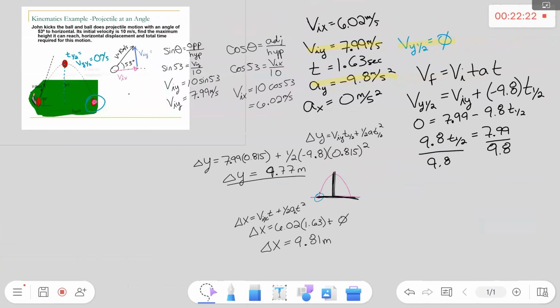And I'll do that. By no means do I expect to be pros at this question today. And we're going to do some practice here in a moment. Okay. This is the crux, the toughest part of solving it. Projectile at an angle.